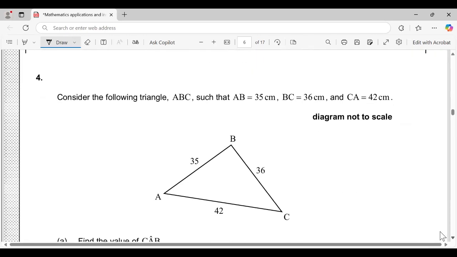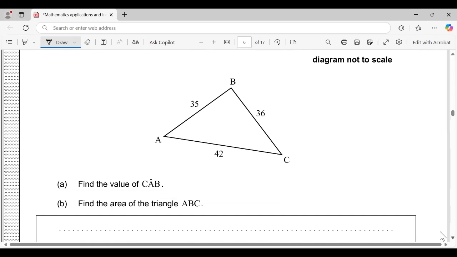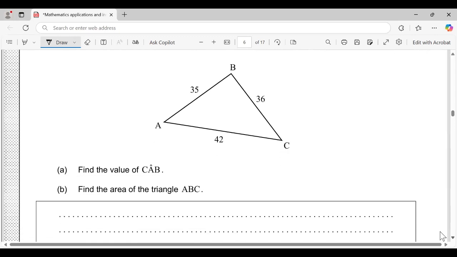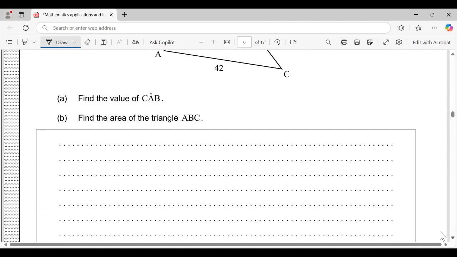Consider the following triangle ABC such that AB is 35, BC is 36, and CA is 42. Find the value of angle CAB. Find the area of triangle ABC. Right, for question A, cosine of angle CAB equals 35 squared plus 42 squared minus 36 squared, divided by 2 times 35 times 42.